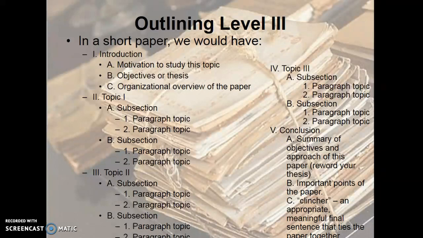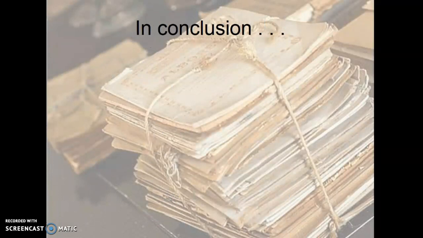Again, a summary of our thesis, the important points of the paper, and a clincher in our conclusion. If we were going to outline this further, especially if it was a longer paper, underneath our paragraph topic, we would have small a, b, and c. We would go more into depth on each one of those topics.